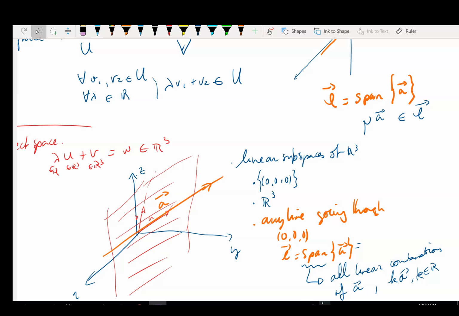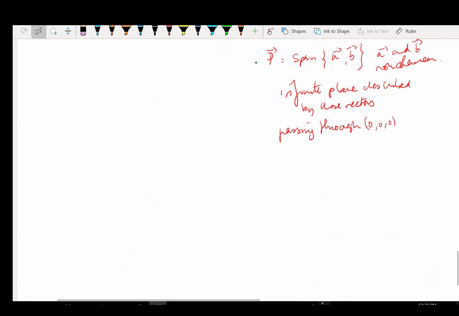Very quickly you can see that the intersection of two linear subspaces is still going to be a subspace. The union of two linear subspaces is not going to be a subspace, but we'll see that more clearly during semester 2. Okay, so that was just a broad overview. As I said, we are going to talk about Rn this semester.